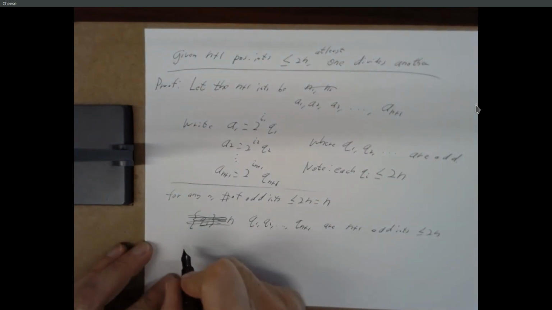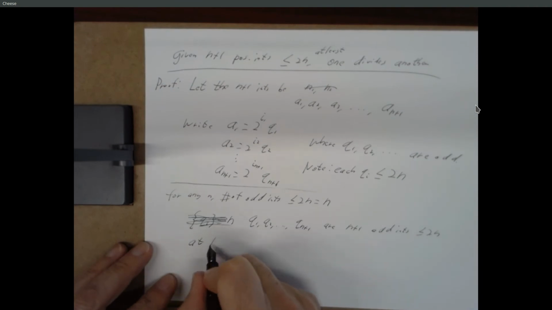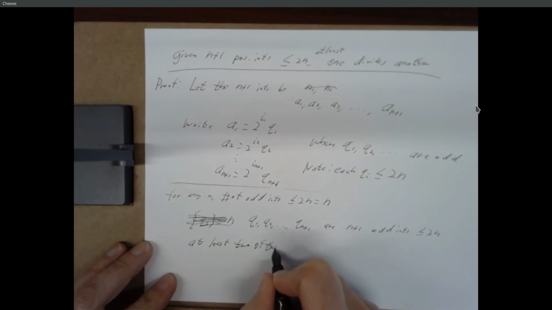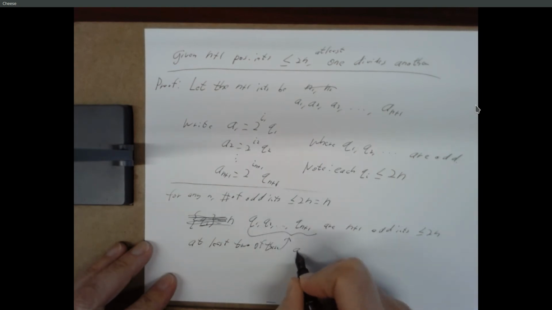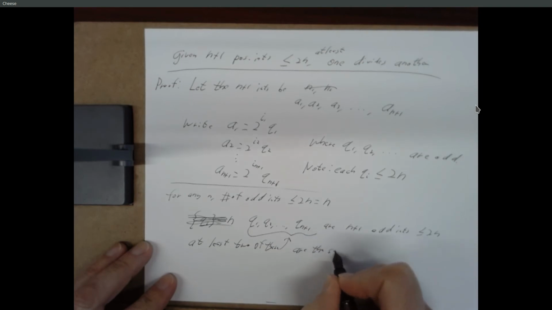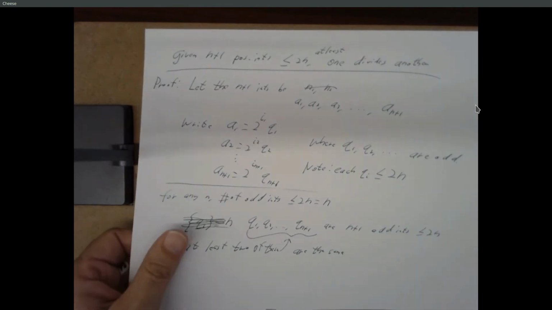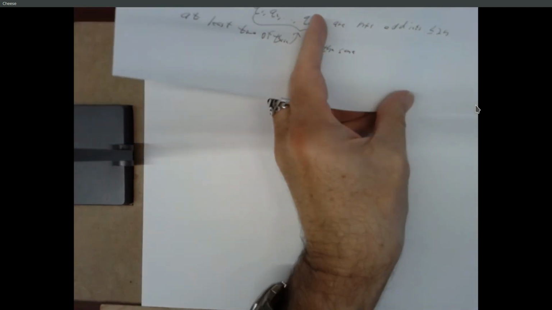So that means at least 2 of these Q's are the same odd number. So now we do something that can be abused, but we're not going to abuse it.